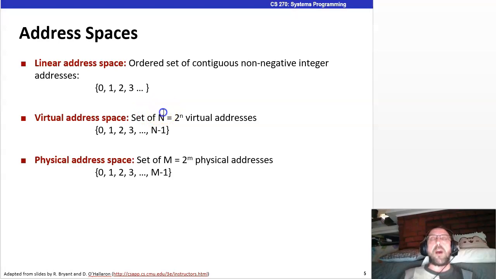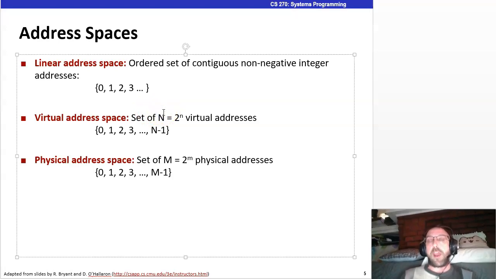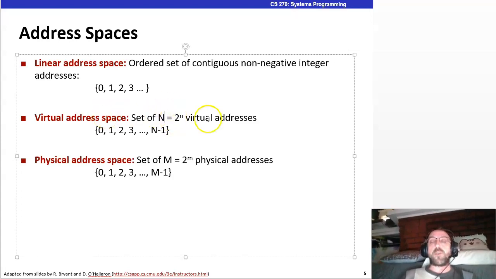On a system like an AMD64 x86-64 system, the virtual machines we're using, this virtual address space has 48 bits. So it goes from 0 up to 2 to the 48th power, which is 0x0000 followed by 12 Fs.